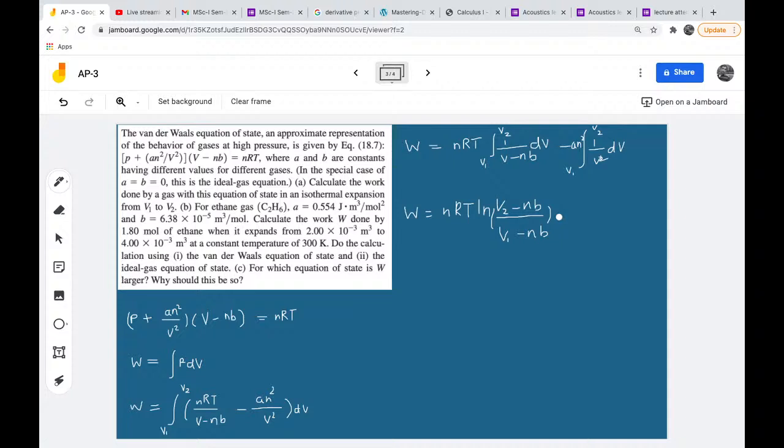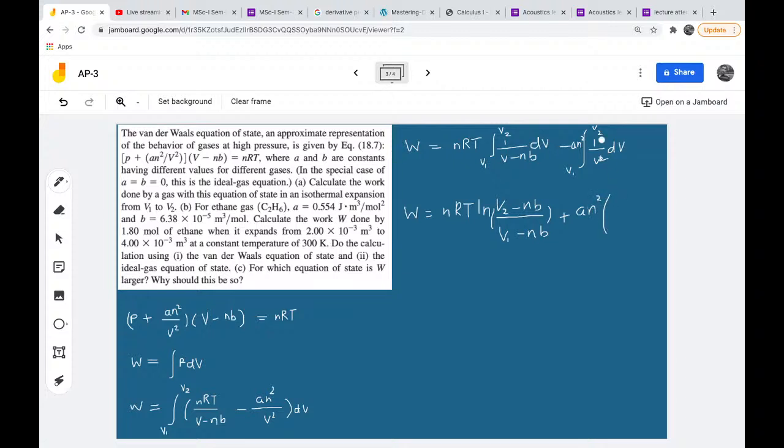Now when you take an integral, this will be V power minus 2. When you solve, it will become V power minus 2 plus 1 divided by minus 2 plus 1. You get a minus 1. That will make this as plus a n square as it is. And you will get a 1 over V term.